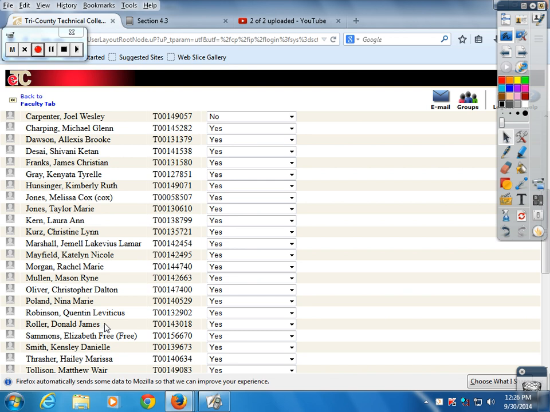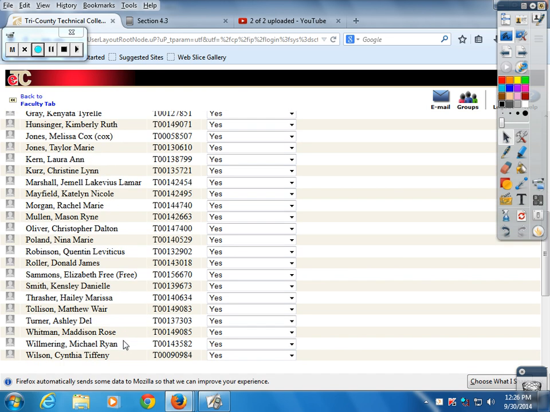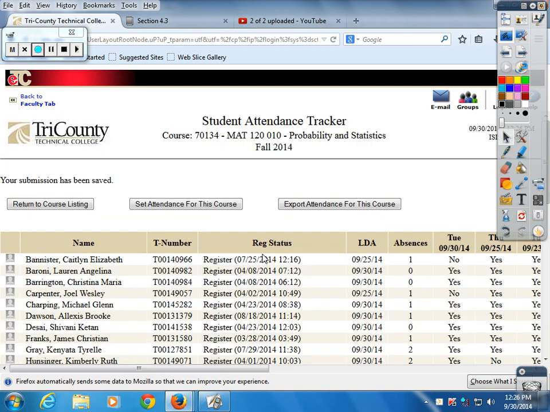Roller. Here. Another loud one. Smith. Sammons is here. Smith. Tollison. Turner. Another loud one. Whitman. Wilmerine came by, and Wilson is here.